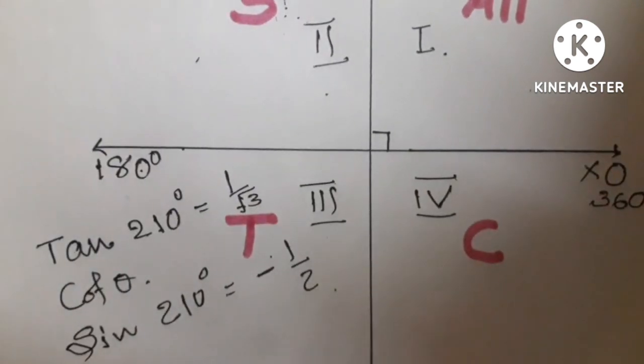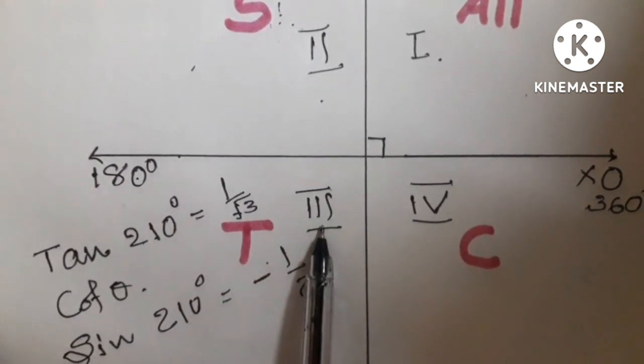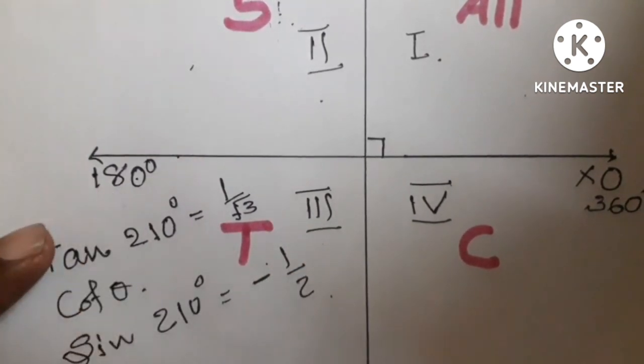Now comes the third quadrant. The third quadrant means greater than 180 degree and less than 270 degree.